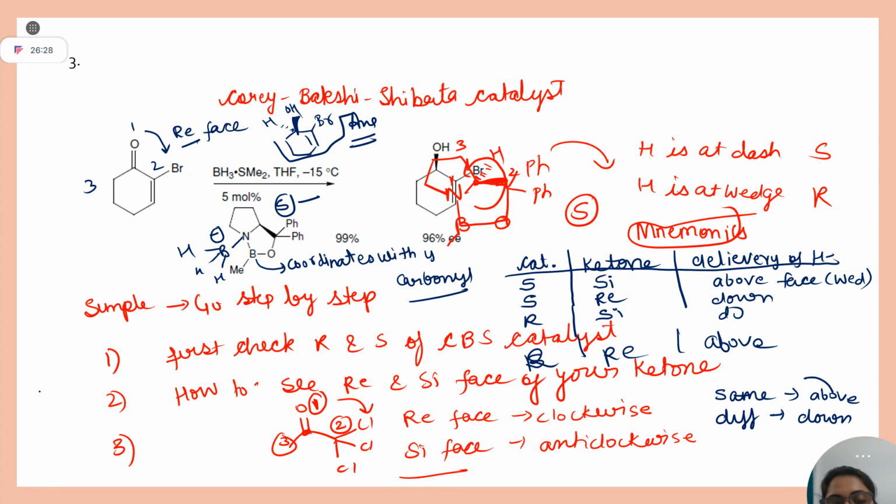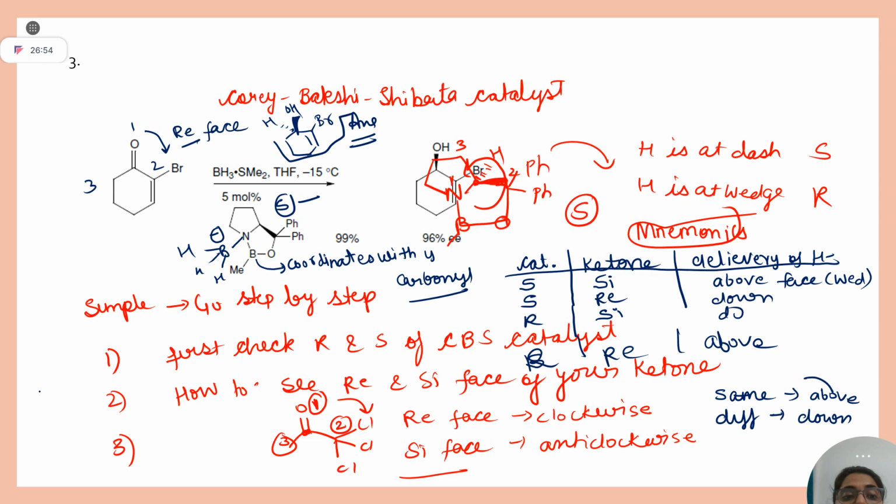How to give this Re and Si nomenclature, I have told you briefly. The mnemonic is if both the things are same, SS or RR, hydride will come from above face. If both things are different, hydride will be from down face. Nothing else in the stereochemistry of Corey-Bakshi-Shibata catalyst.